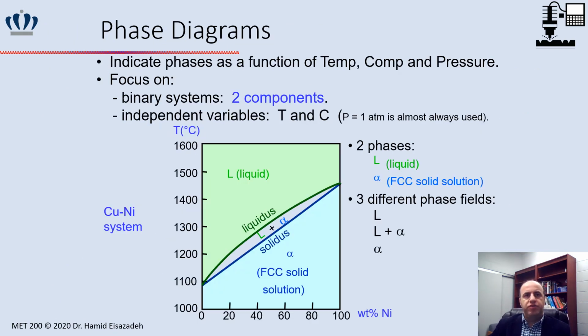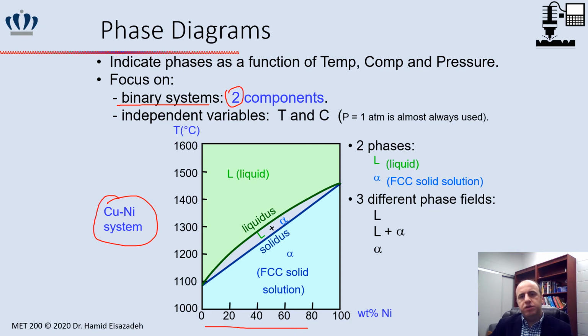Here we have a phase diagram for copper and nickel. It's a very well-known system, and it has two components, as you see, copper and nickel. Because we have two components, it's called a binary system. And we have two variables, as you see here on the bottom. We have composition, which varies from 0 to 100.